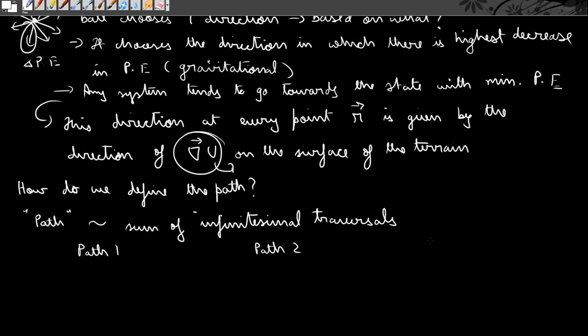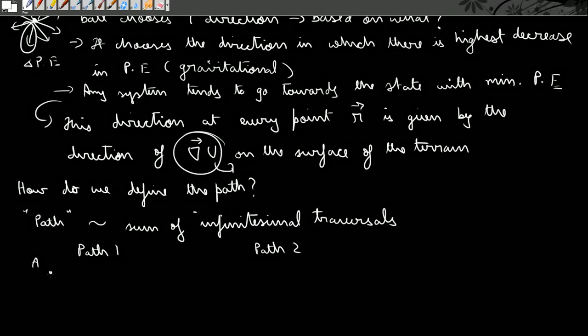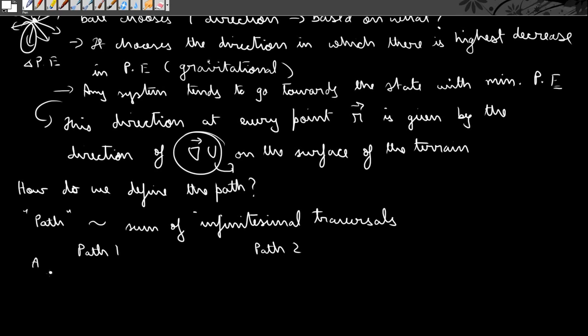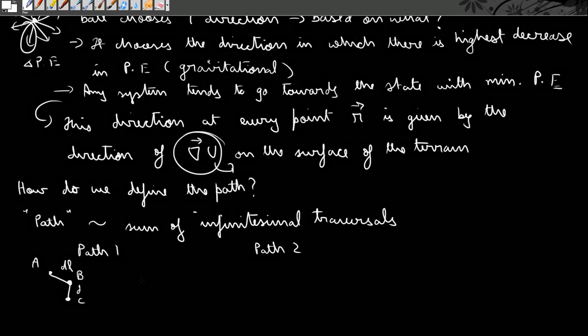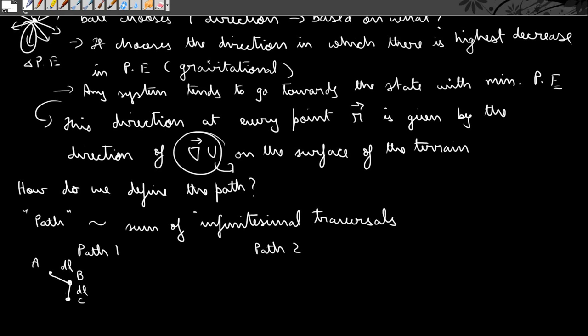What I mean by these infinitesimal traversals is that, let's say initially the ball is at a position denoted by the node A, and it chooses a particular direction and travels a length dl to the next node denoted by B. From here again it chooses a particular direction and travels to another node C, whose length from B is dl, and once again it travels to some other node D whose separation is dl.